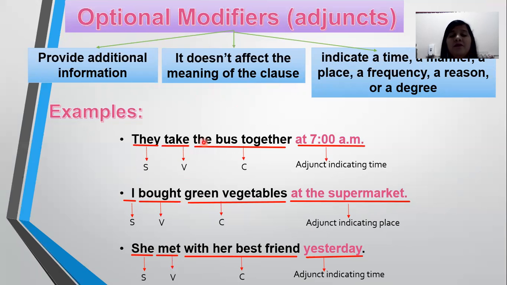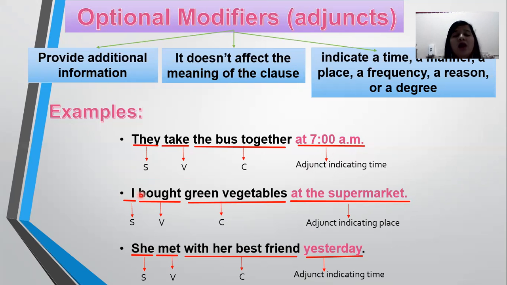For example, they take the bus together at 7 a.m. They is the subject, also the head of the sentence. Take is the verb. The bus together is the complement. At 7 a.m. is the adjunct. It is the optional modifier in this sentence because it is extra information which indicates time.